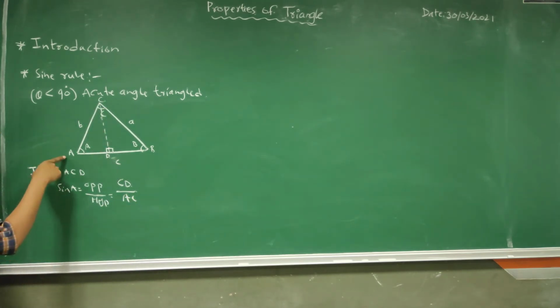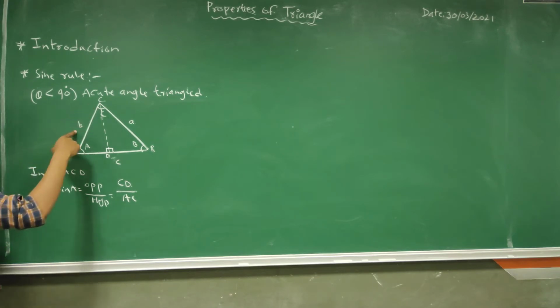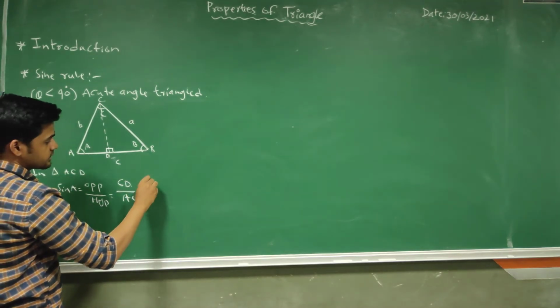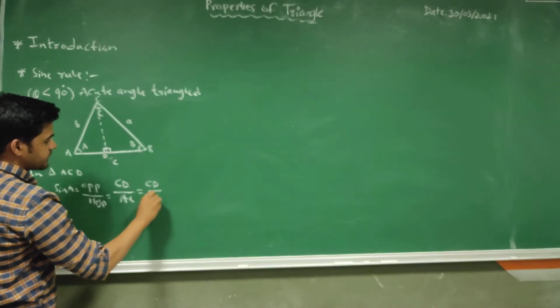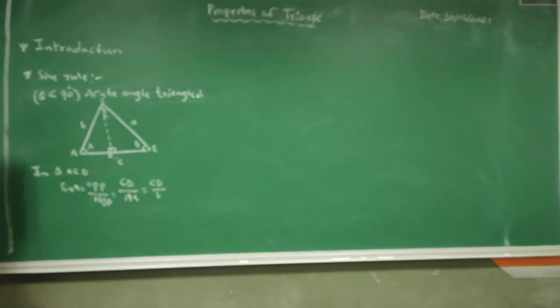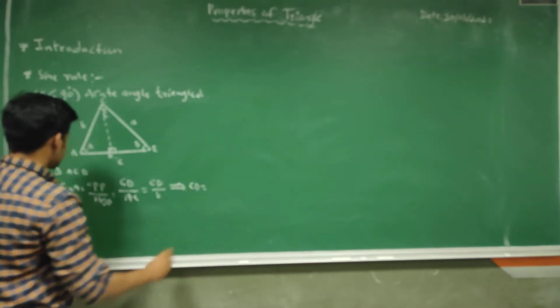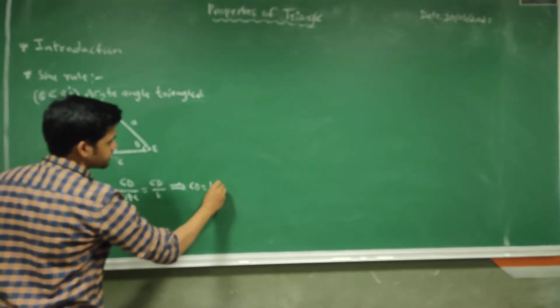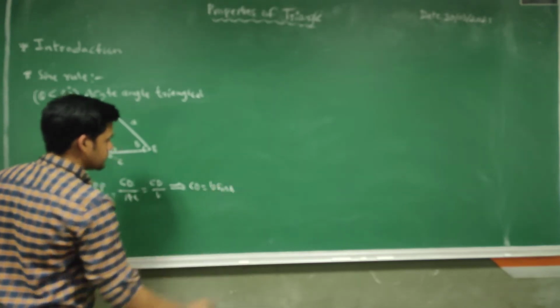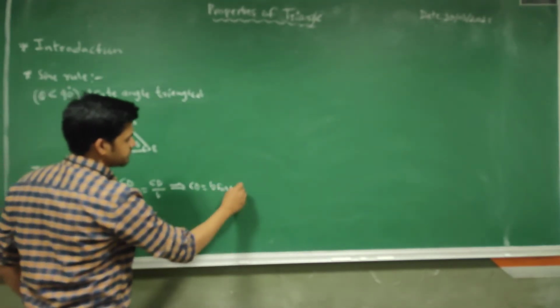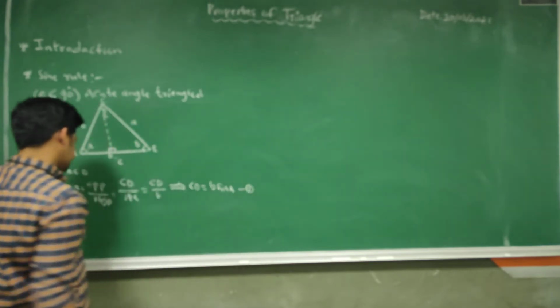Okay, and can we write AC is nothing but b? So I can write CD by b, and from here I can write CD is equal to b sin A. Okay, let's call this equation number 1.